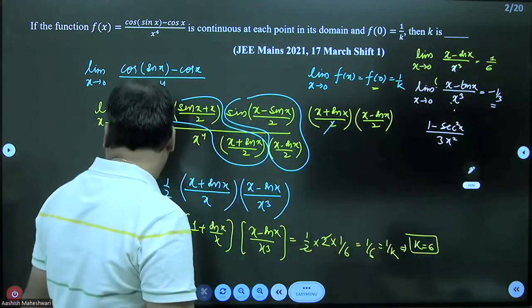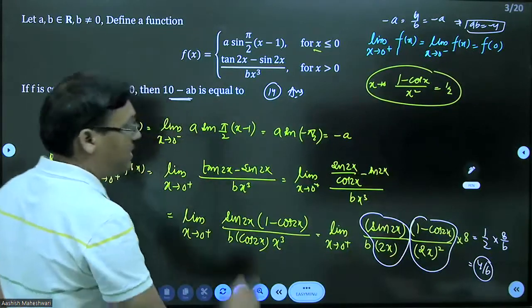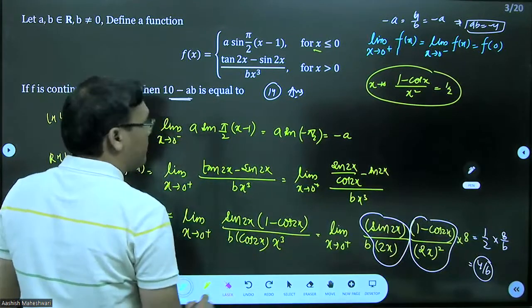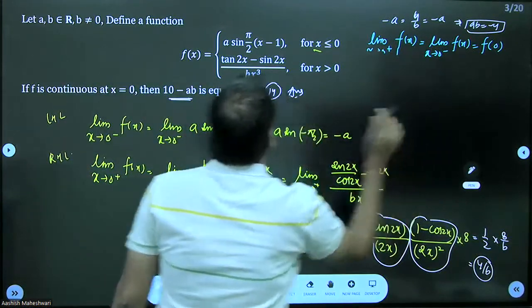Now see, for this question, I can apply the same thing here. I'll give you one more method here. You have to find this limit.